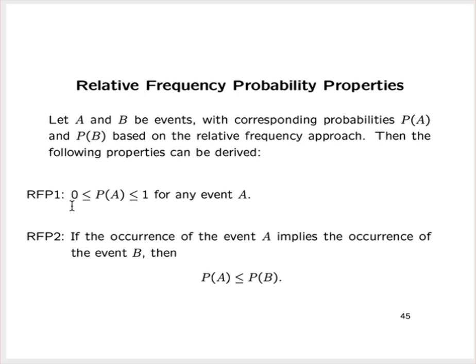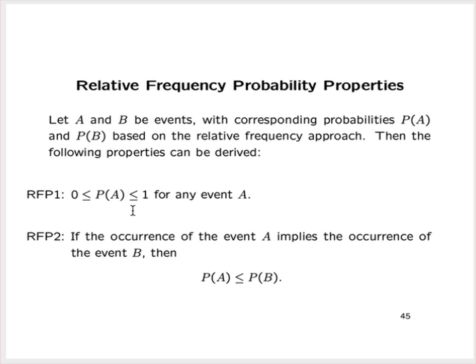So the first property, which I'm calling RFP1, relative frequency property 1, is that probabilities, relative frequency probabilities, are always between 0 and 1. All right, they are greater than or equal to 0 and less than or equal to 1.